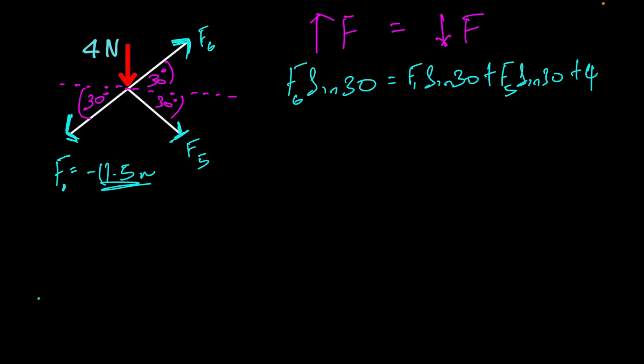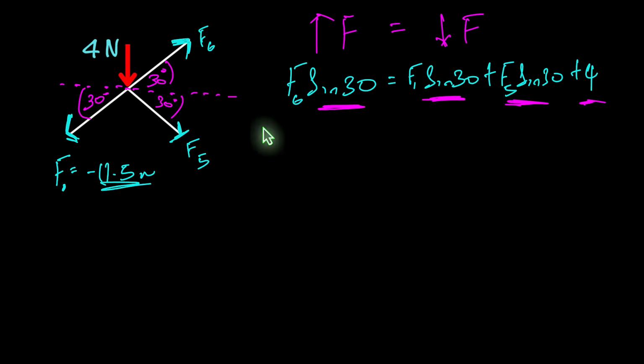Now what I'm going to do here is simplify this equation by just dividing through by sin 30. So when we divide through by sin 30, each term there had a sin 30 except for the 4. But sin 30 is actually a numerical value. It's the same as a half. So when we do that, we simplify this now.